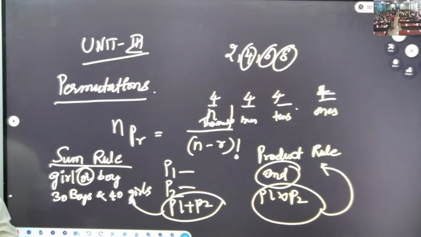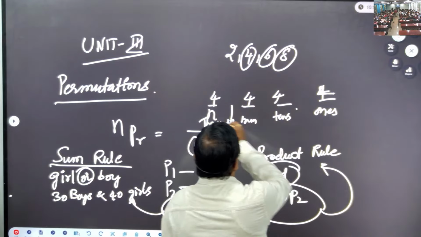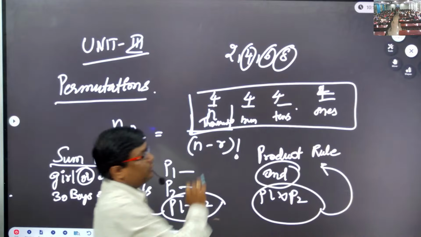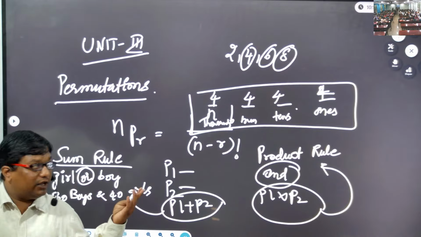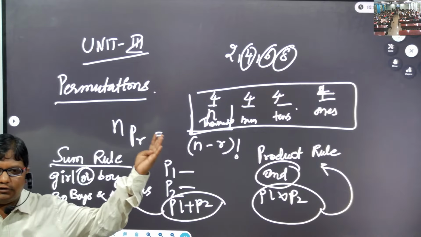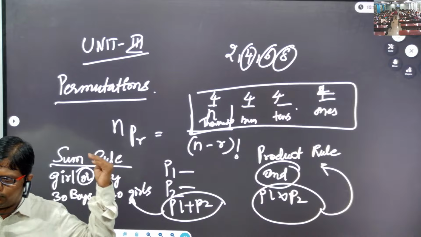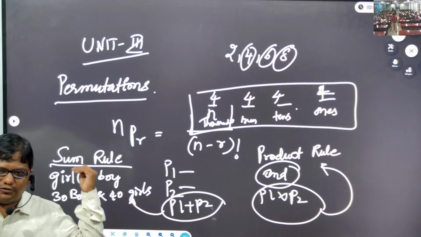What is going to be the output? 4 ways we are having for each and every digit, whatever digit that we are taking. So 4 ways for ones place, 4 ways for tens place, 4 ways for hundreds place, 4 ways for thousands place.